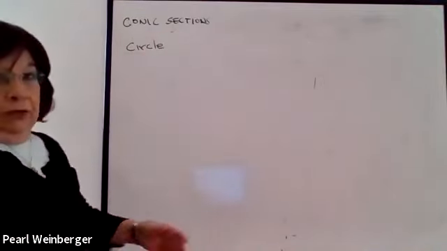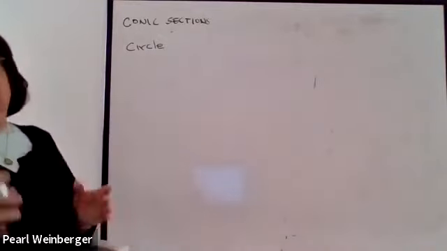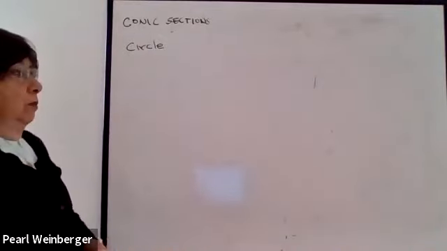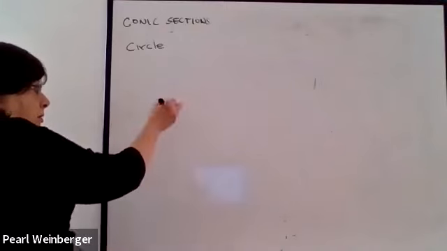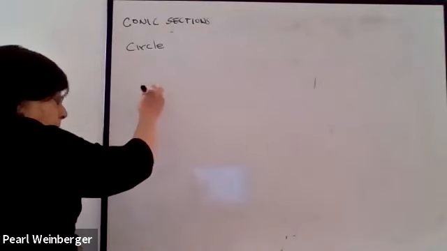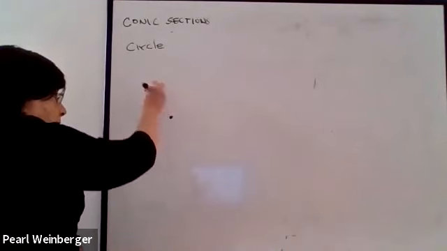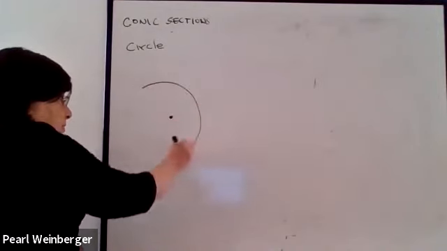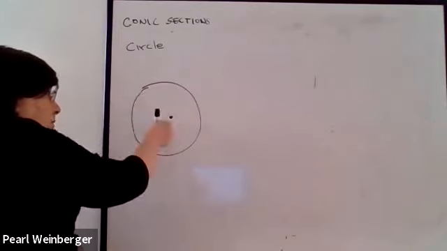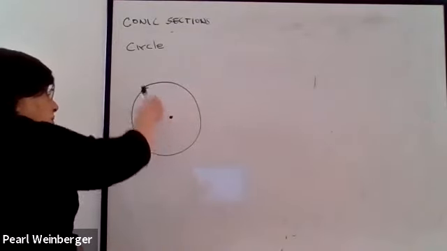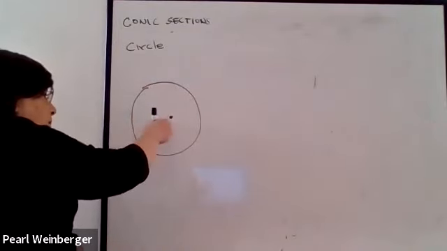What do you need to know about a circle? Well, a circle is round and it has a center, and all the points on the circle are the same distance away from that center.